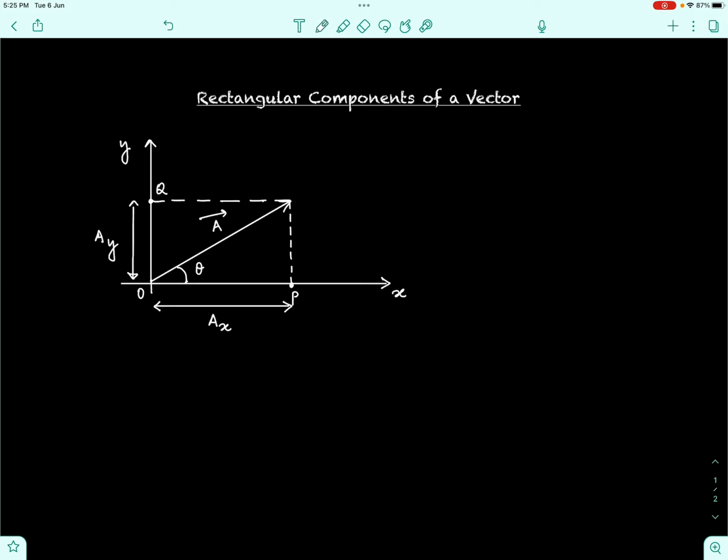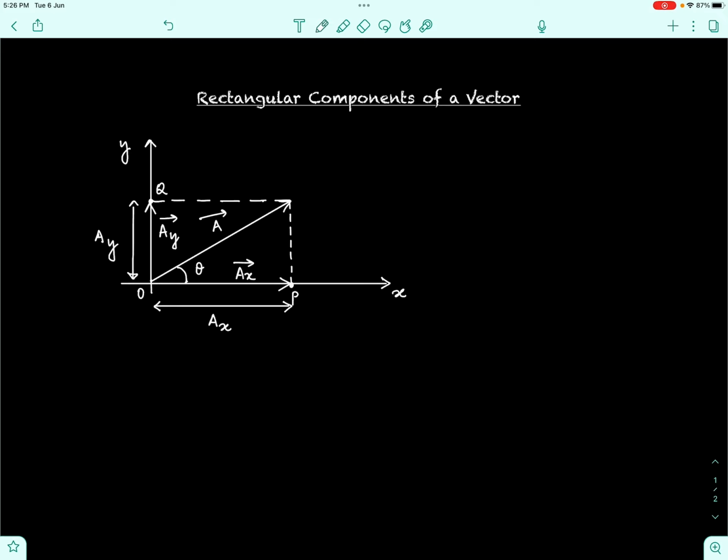The vector Ax, the component vector, points from the point O to the point P. And also the vector Ay, the component vector, points from point O to the point Q. These two are called the component vectors of the vector A, and these are perpendicular to each other. Since these components are perpendicular to each other, they are called rectangular components. These two components together tend to form a rectangle.